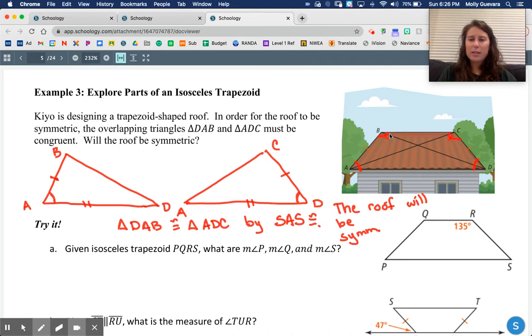All four of them are not the same, but angle B and C are the same, and angle A and D are the same.